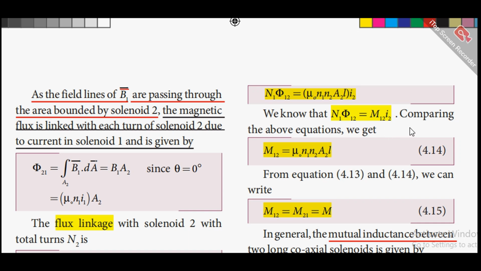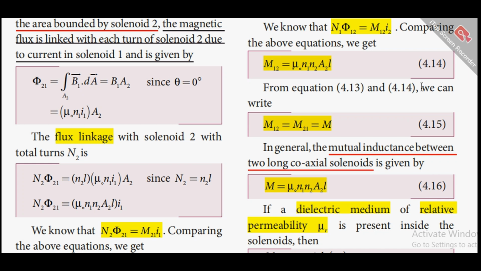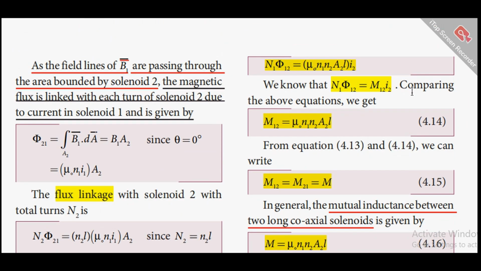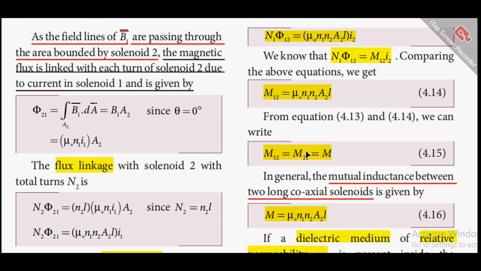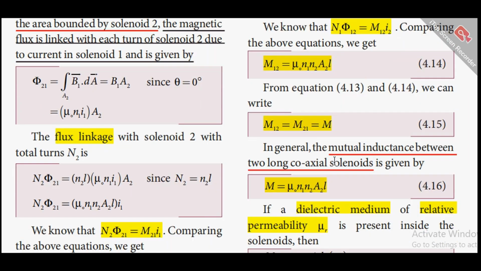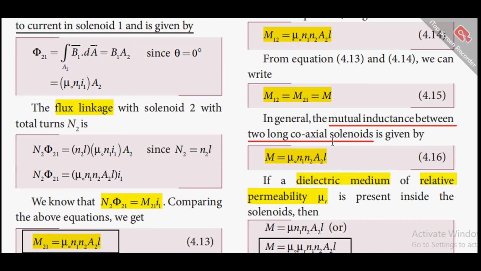So comparing the above equations, we can write M12 as mu naught N1 N2 into A2 L. So from equations 4.13 and 4.14, we can write that M12 is equal to M21, which is equal to M. So in general, the mutual inductance between two long coaxial solenoids is given by M equal to mu naught N1 N2 A2 L.